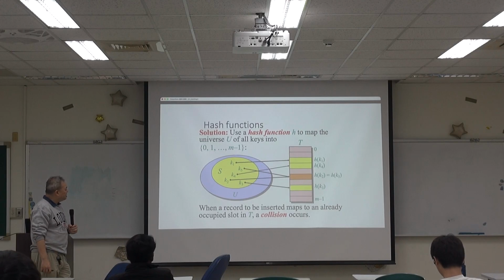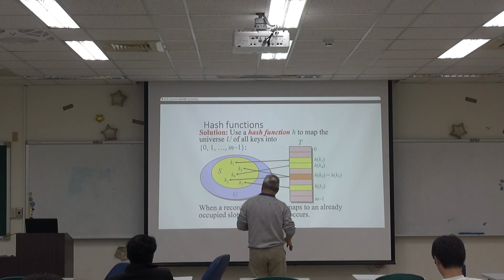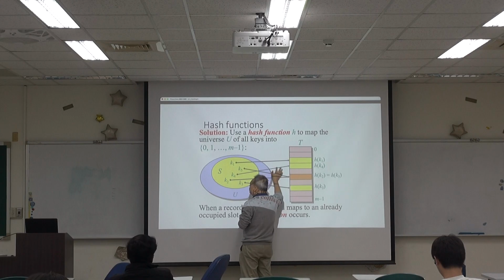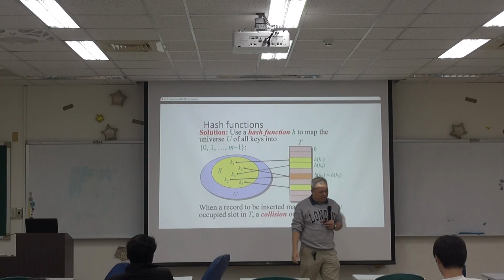So here is the idea of a hash. The hash function, which we call h, maps the universe, the space of your keys, into a smaller space from 0 to n minus 1. So this is a mapping. This U could be quite large. Of course, you won't have so many records there.